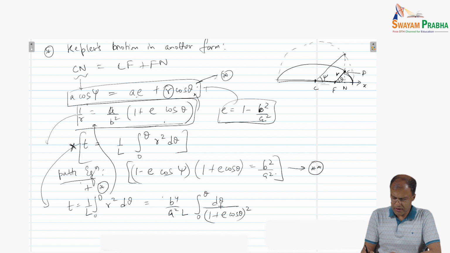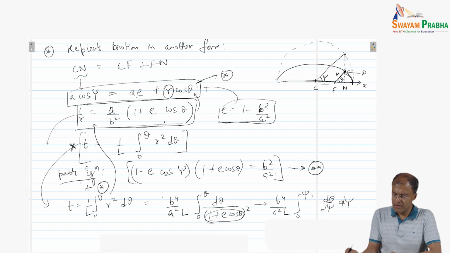Well, we cannot still integrate. This is not going to be an easy integration because this factor is sitting in the denominator. So I'm going to change it into the psi equation. So this is b to the fourth by a square L integral 0 to psi, and now d theta can be written as d theta by d psi times d psi. So that is my d theta, right?